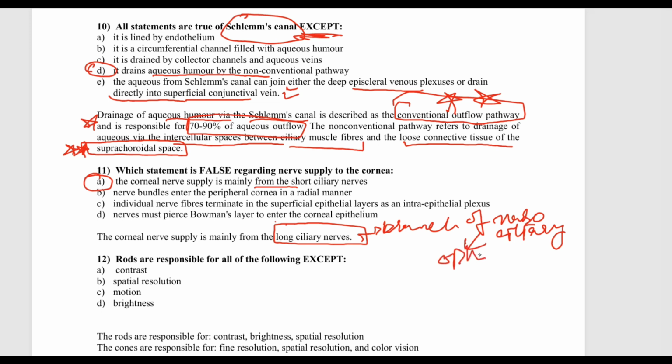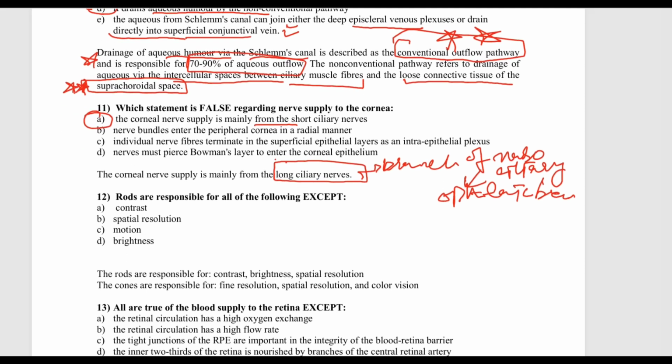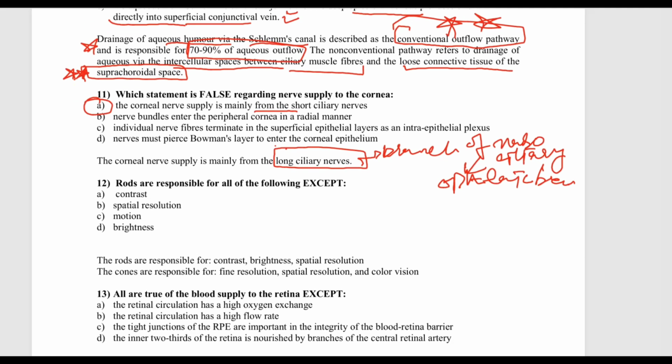Ophthalmic branch of the trigeminal. Other options are correct. While reading the MCQs, also focus on the correct options. These can be asked in a separate MCQ by making any scenario, or can be asked in a simple way.